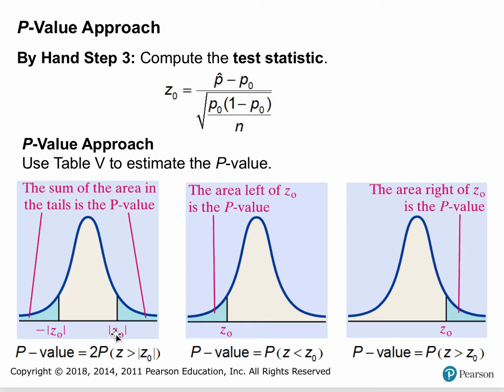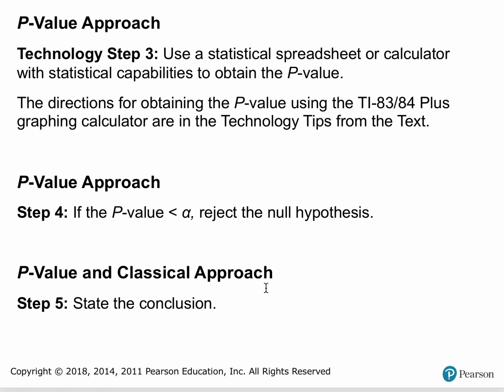Instead of just looking at our z value, we go one step further and look at that probability. Or we could use technology, which we'll do an example of, and you've got the instructions in your technology tips from the text module.